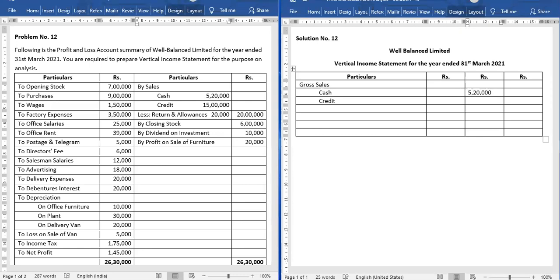Credit transaction 15 lakhs. And okay, total gross sales 20 lakh 20,000. See, 5 lakh 20,000 plus 15 lakh, 20 lakh 20,000.